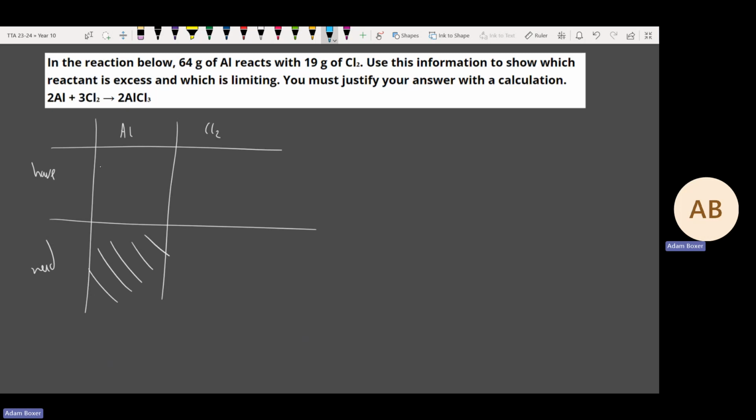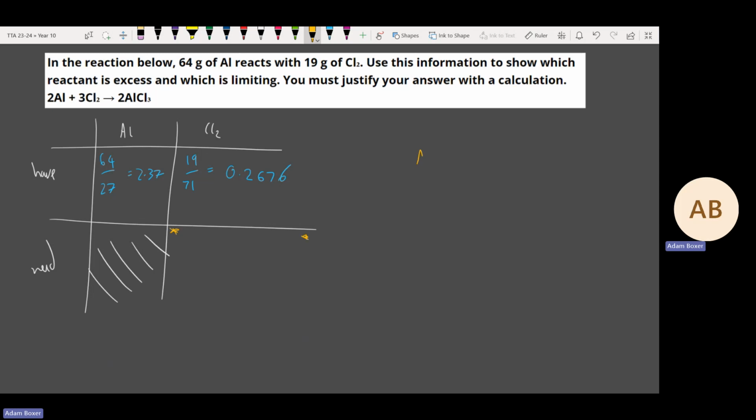So for aluminium, I've got 64 divided by 27, which gives me 2.37. And for chlorine, I've got 19 divided by 71, which gives me 0.2676. My ratio is what's going to go over here.